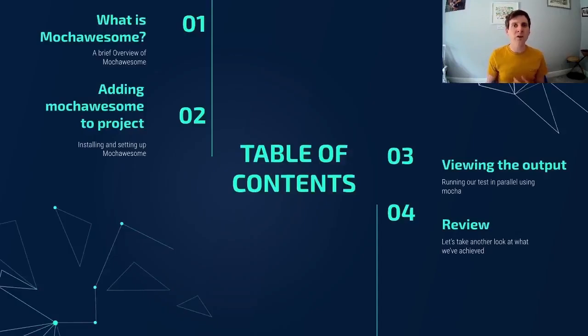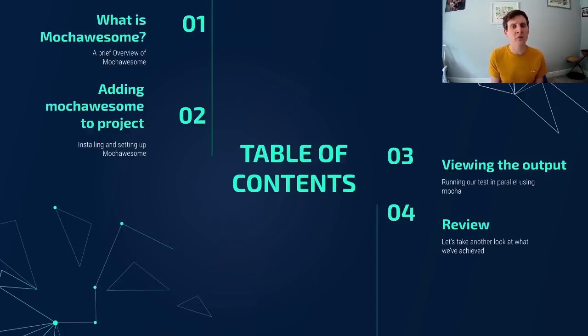Now, to do this, we're going to be using a tool, a node package called Mochawesome. So to begin with, let's have a look at what Mochawesome is and how we can use that. Once we've understood that, we're going to add Mochawesome capabilities into our existing project, which is super simple to do.